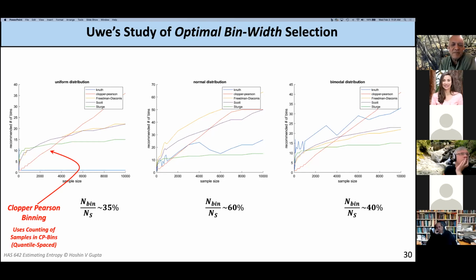Okay? Yes. So you can see for the uniform distribution, a 35% ratio, normal distribution, 60% ratio, bimodal distribution, about a 40% ratio. I just estimated these off these plots. That ratio is all over the map, depending on the shape of the distribution.